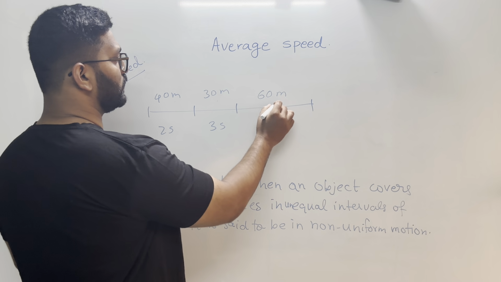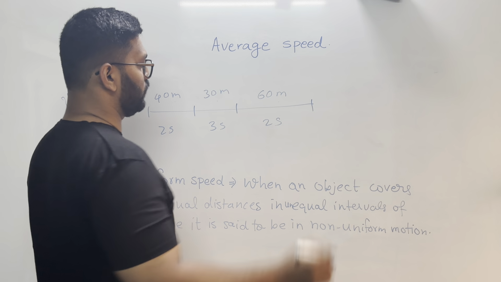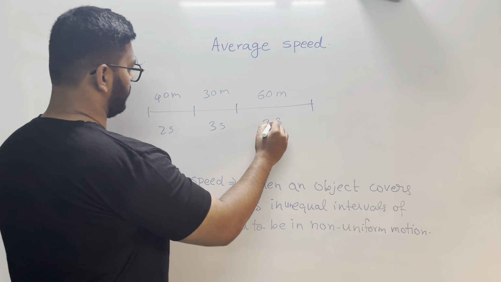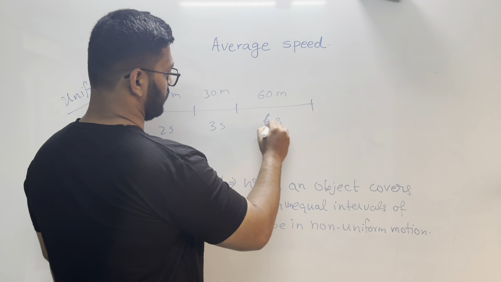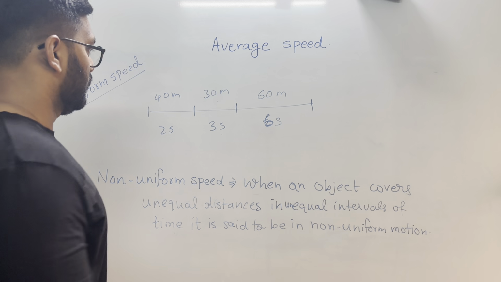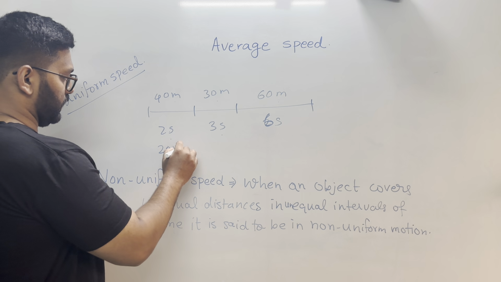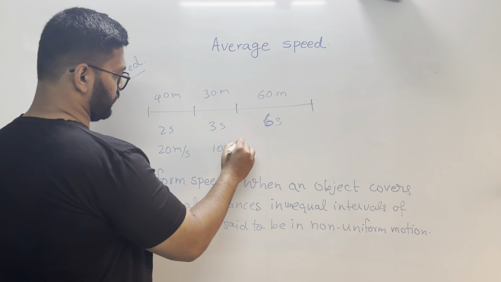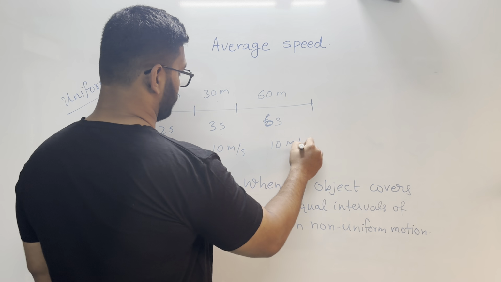All the distance intervals are unequal, and time intervals are also unequal. If I find the speed, it is 20 meters per second, this is 10 meters per second, and this is 10 meters per second.